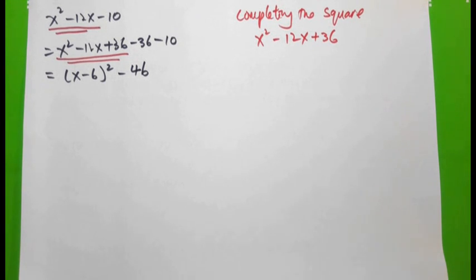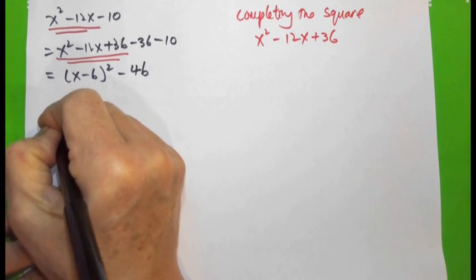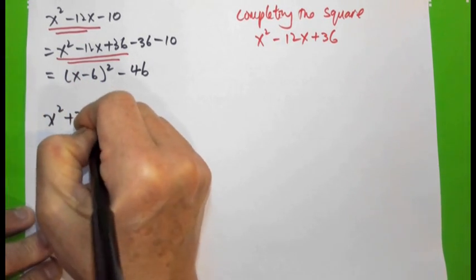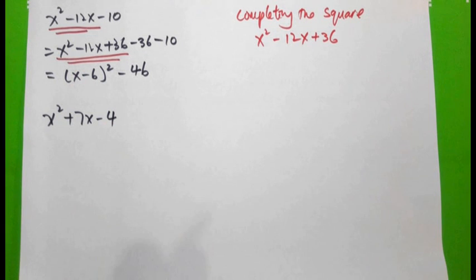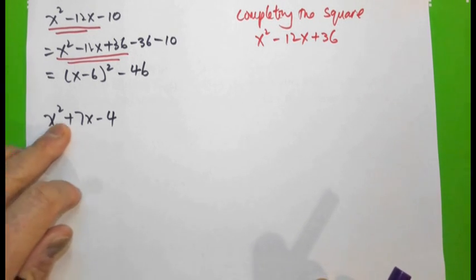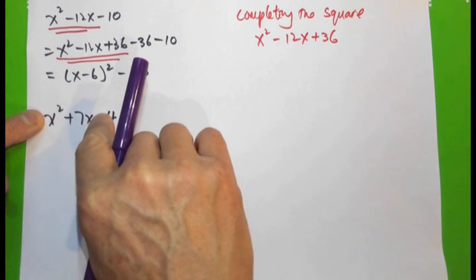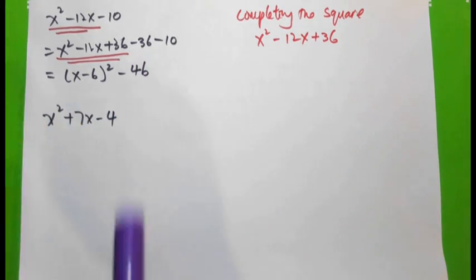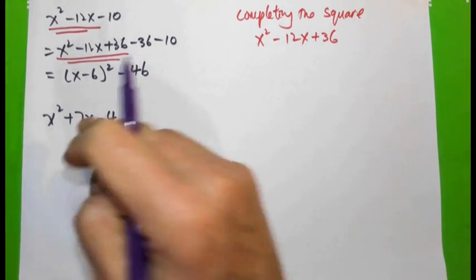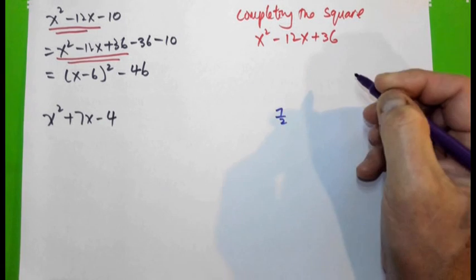How about another example? This time it's x squared plus 7x minus 4. We know that we can complete the square for this part of the equation. Now, half of 7 is 7 over 2. Alright?